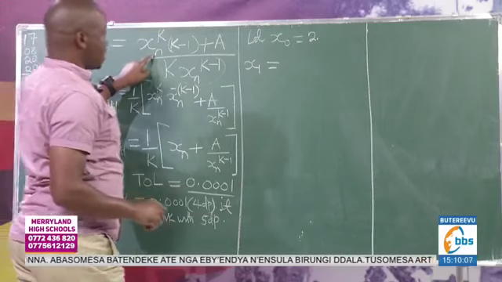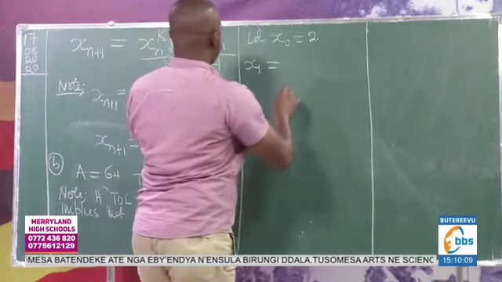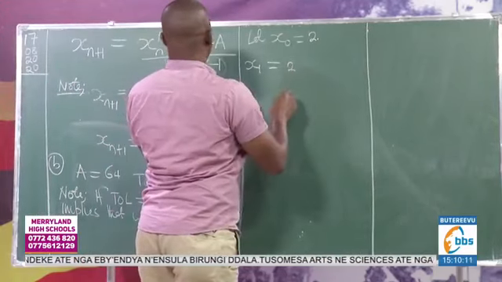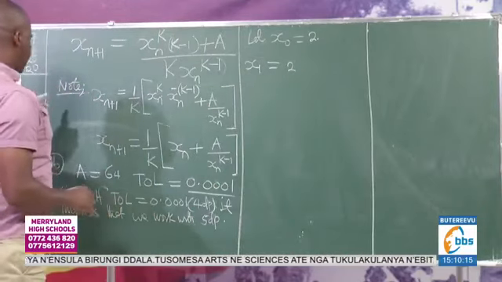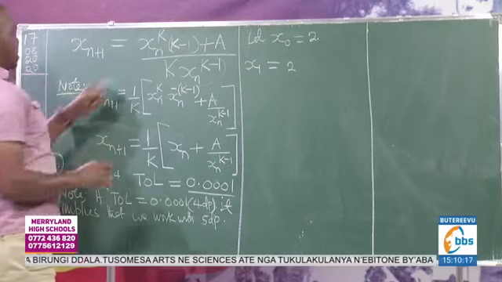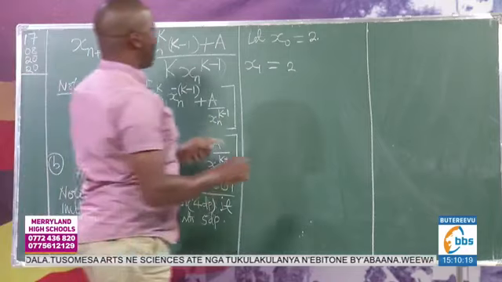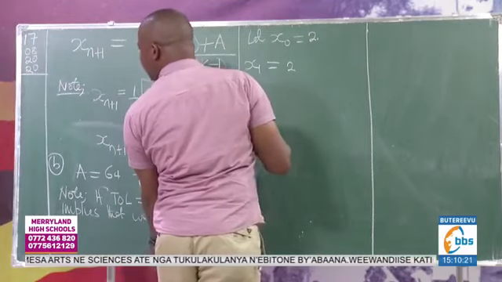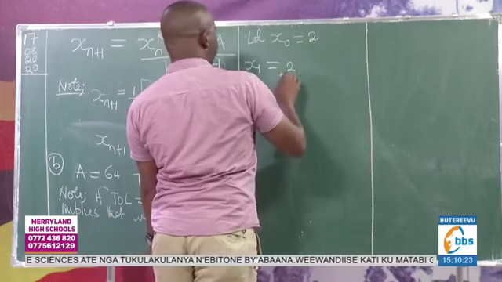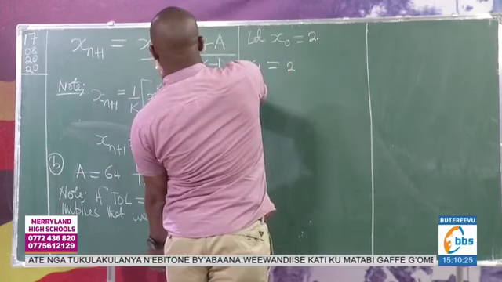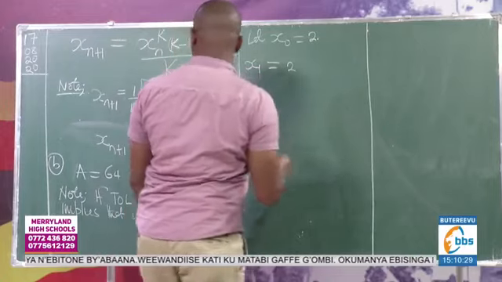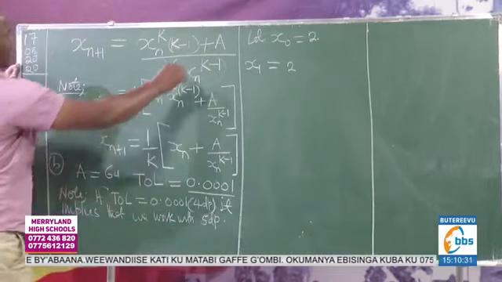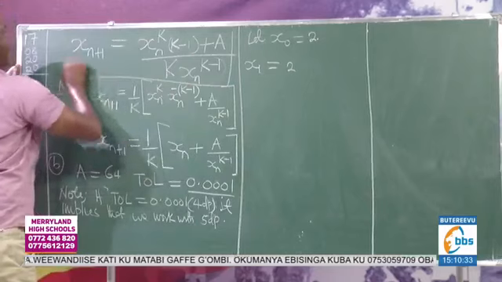We substitute in here. Our x naught is 2, so we have 2 to the power k. Now, k is the 5th root, so it means that we have 2 to the power 5, that is 2 xn to the power k. It will be our xn. I am using this expression here.